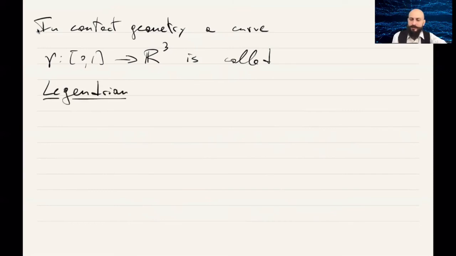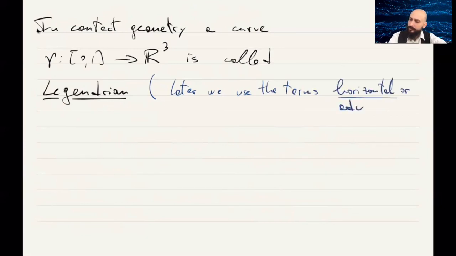Later we will actually use other terms like horizontal curves or admissible. We use the term horizontal or admissible when we will have things that are more general than the plane field given by the contact distribution.